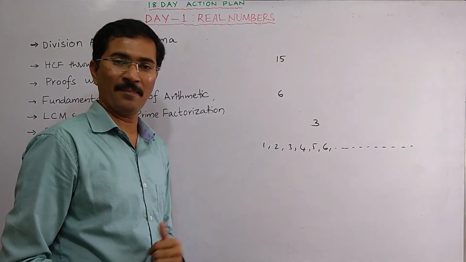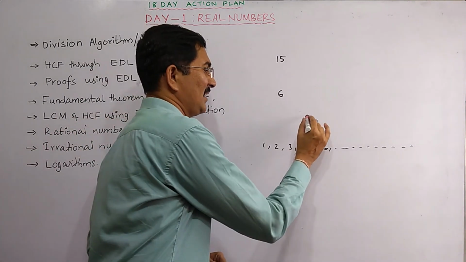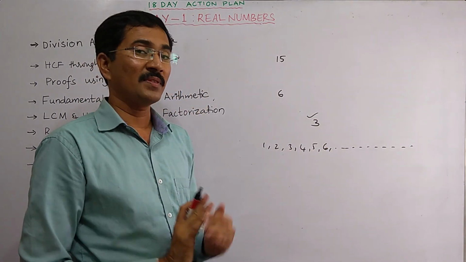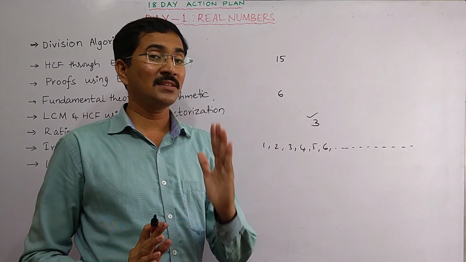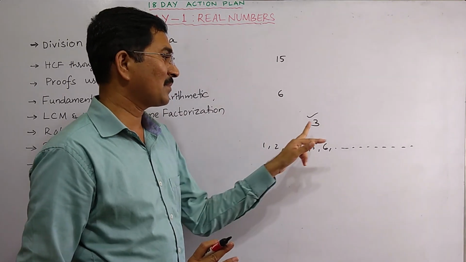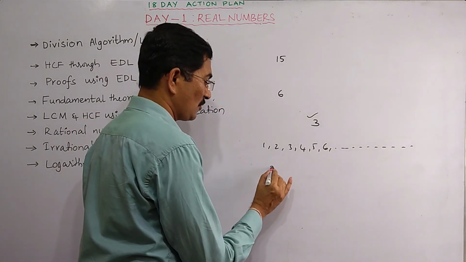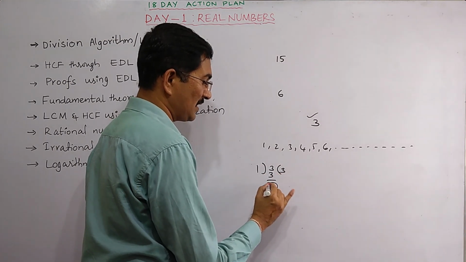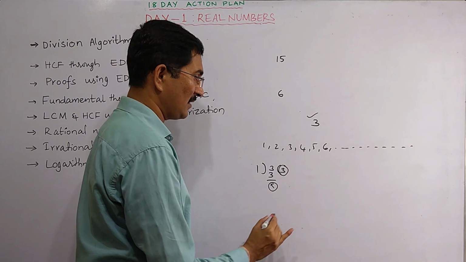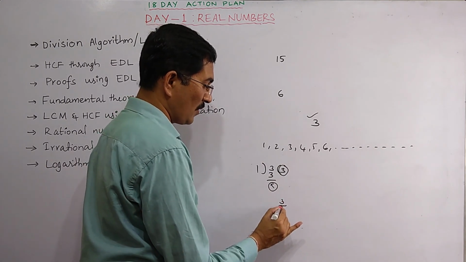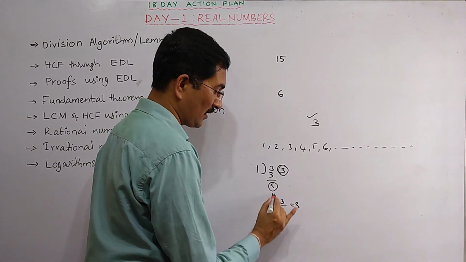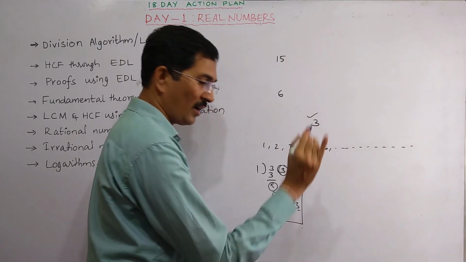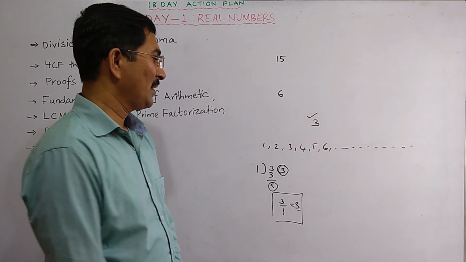If you go on dividing them, for example, let us take 3, you get 3 types of results. Sometimes it is completely divisible like here. So if you are dividing it by 1, 1 3s are 3, so it's completely divisible. The quotient is 3. Therefore, 3 by 1 is equal to 3. This is one type where you will not get any decimal at all.